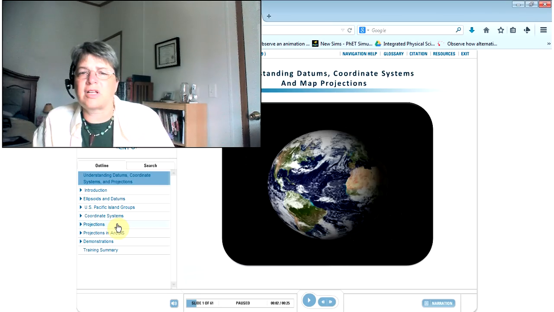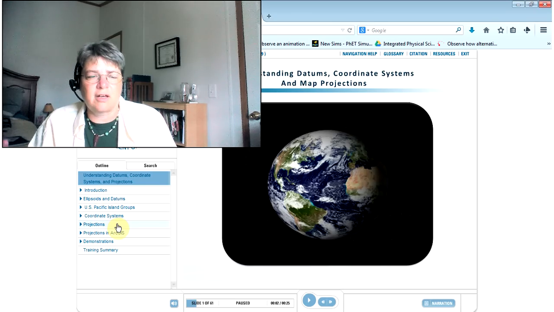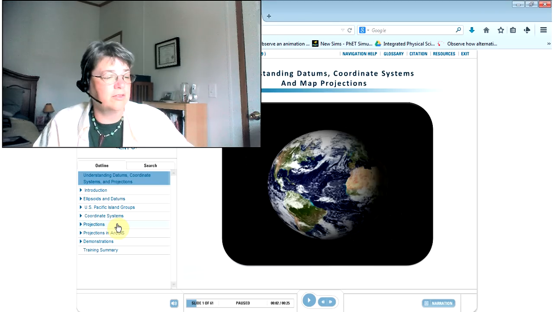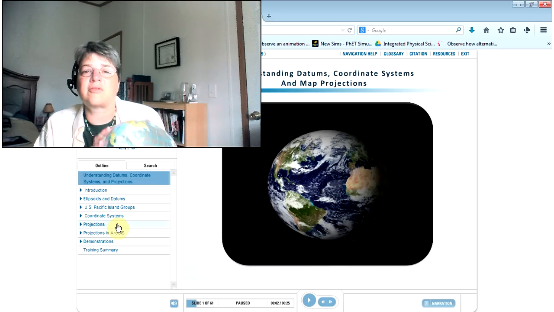Later on, someone comes along with better tools, better technology for measuring the shape of the Earth, and maybe that takes place. So they have a datum, something, 1990. That's what they call their shape of the Earth. And so when we get farther into this, we'll have all sorts of different names for different datums.